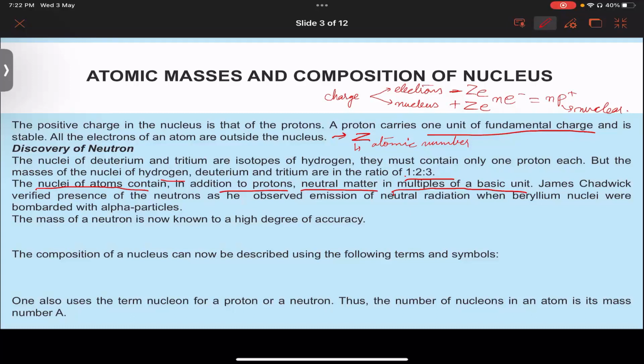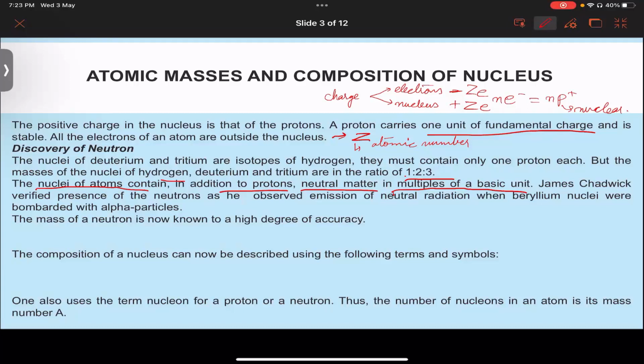Again, this was the experiment that was done when we studied the atoms chapter. When he did that, he realized that this neutral radiation being emitted was knocking out the protons from the light nuclei, supposedly helium, carbon and nitrogen. The only neutral radiation known at that time was electromagnetic radiation, photons.